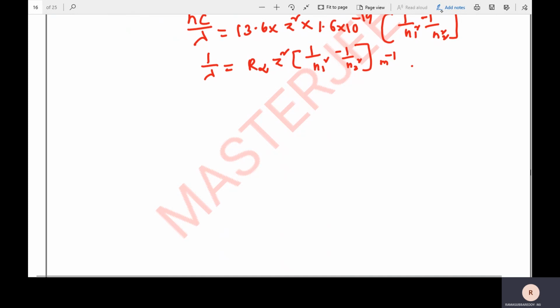This is equal to nu bar, that is the wave number, where R infinity is the Rydberg constant. What is the value? 1.097 into 10 to the power of 7 meter inverse, and Z is equal to 1 for hydrogen.